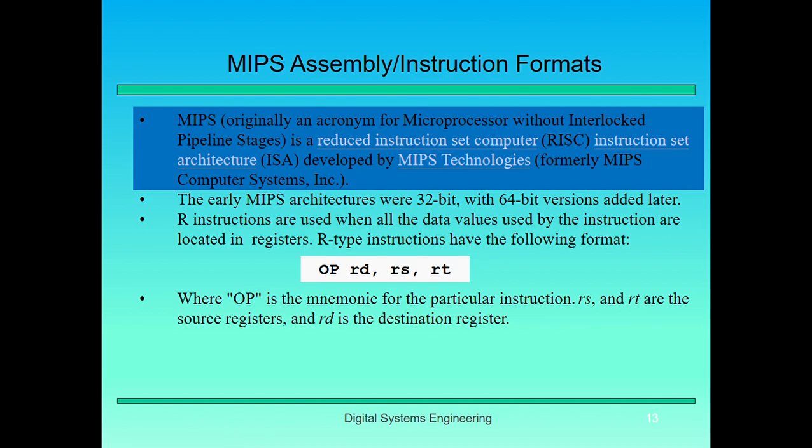OP is the instruction operand, RS is the first register source operand, RT is the second register source operand, and RD is the register destination operand. So this is basically the meaning of these different mnemonics.